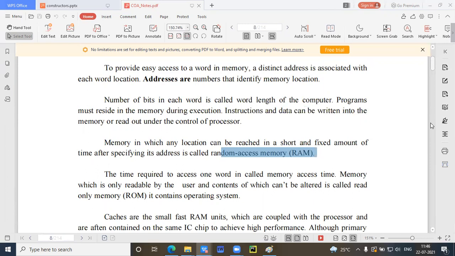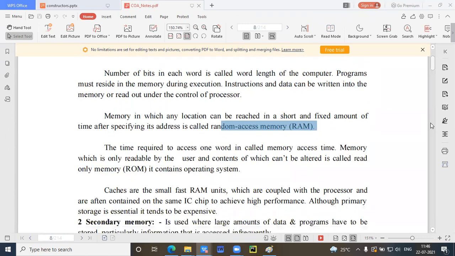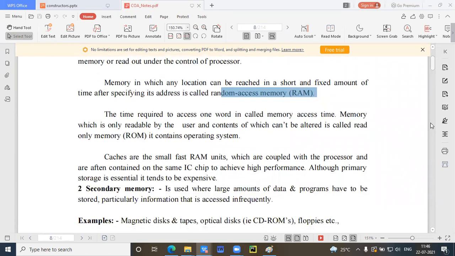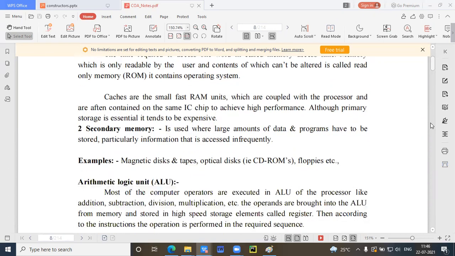The time required to access one word is called the memory access time. Memory which is only readable by the user and whose contents cannot be altered is called read-only memory, ROM. It contains the operating system. The third one is cache, a small fast RAM unit.